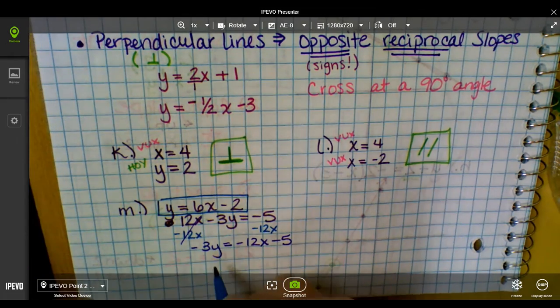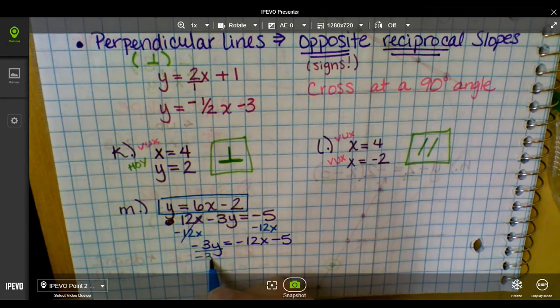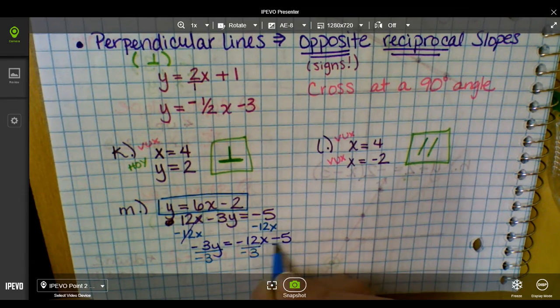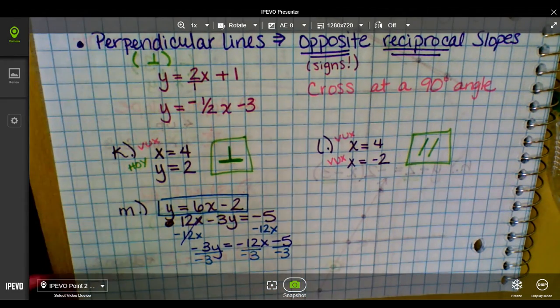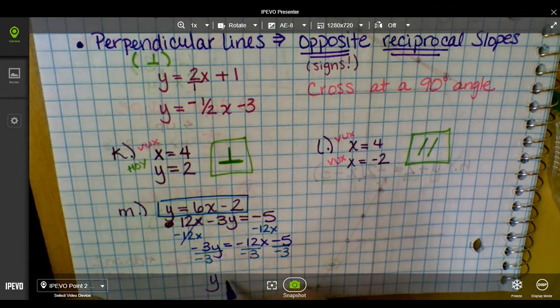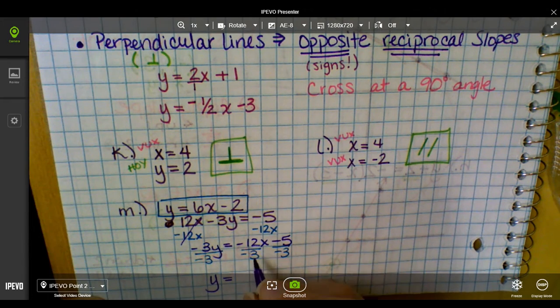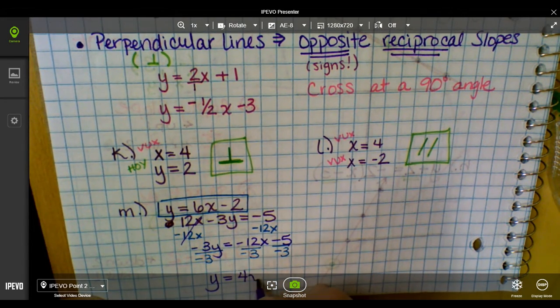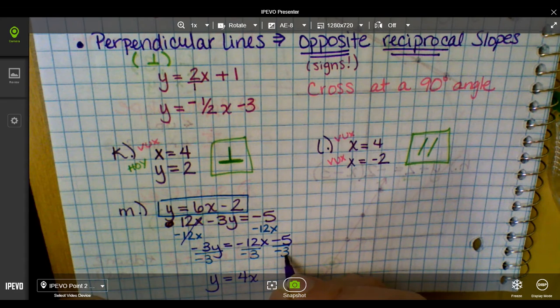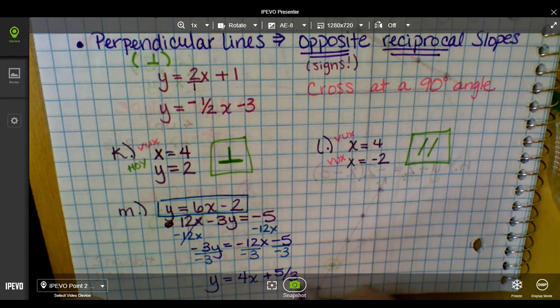And then I have to get this y all by itself, so I'm going to divide everything by -3. And that means I have y equals -12 divided by -3 is +4x. And then -5 divided by -3 is still going to be a fraction, but a negative divided by a negative is going to be positive. So this is going to be +5 over 3.